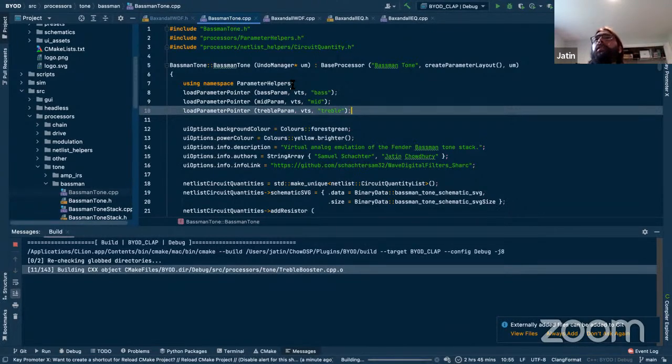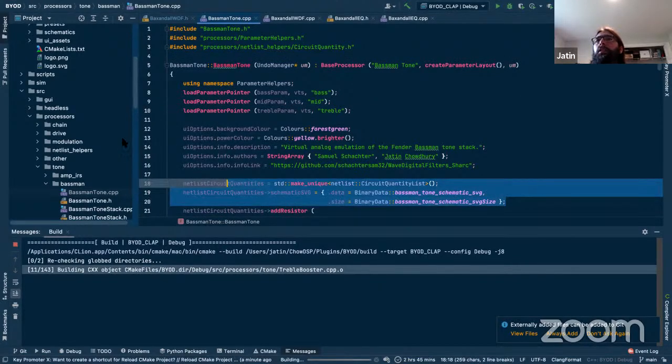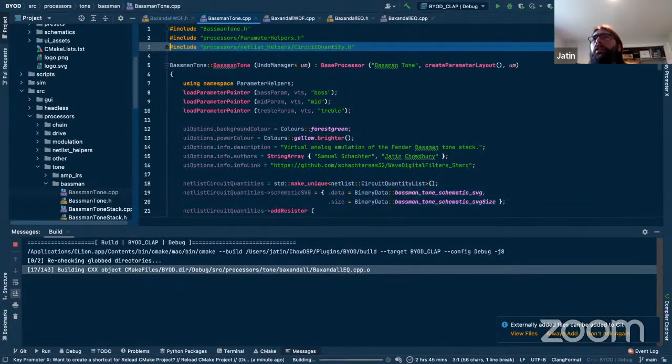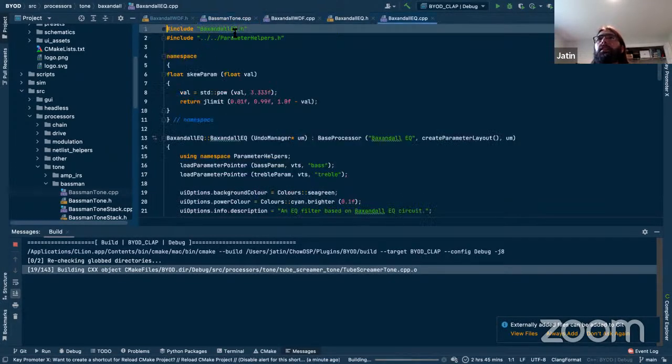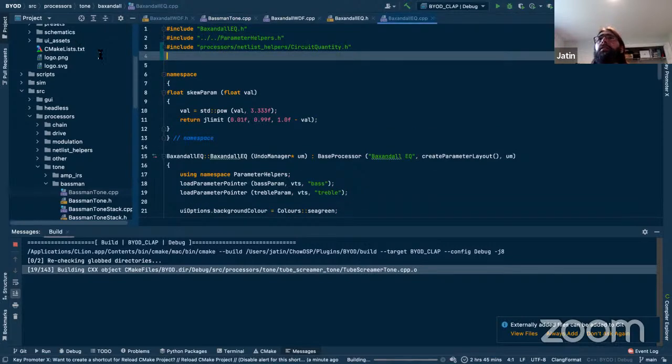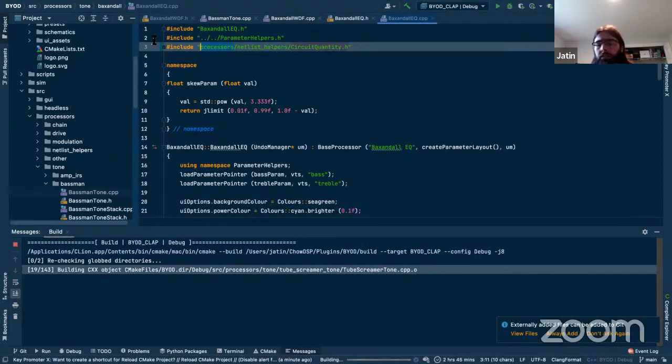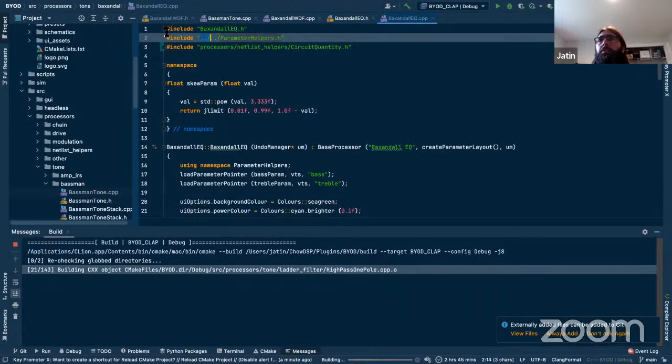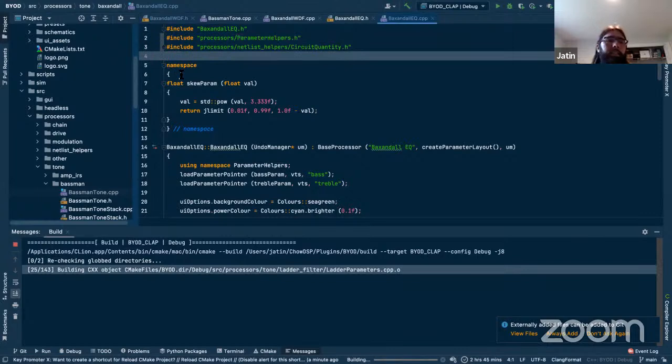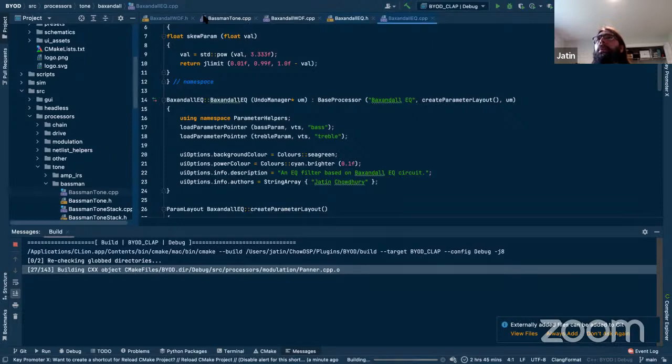That's handy. All right. Yeah, so this is basically what we want to do here, is to create this netlist circuit quantities thing. And for that, we'll need this include. And we can toss that in here. I've been switching to trying to have fewer relative include paths in my code here, so hopefully that'll be helpful as well.